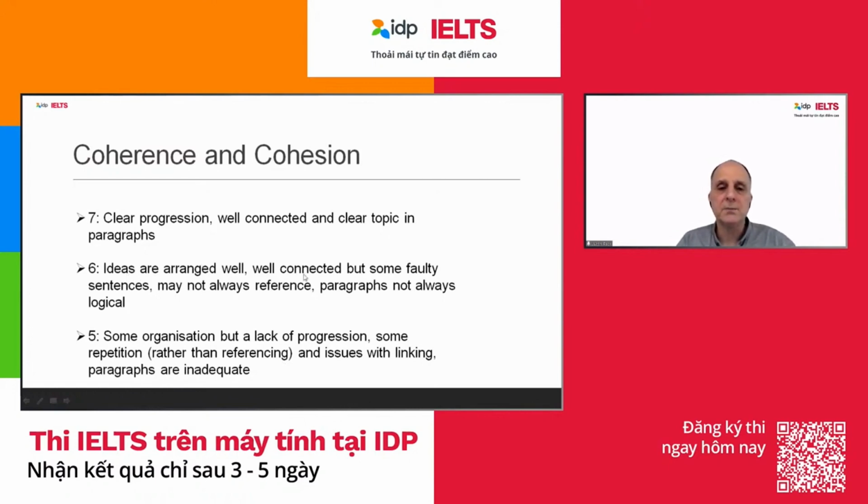Once again, when we talk about organization, make sure that paragraphs are clear and separated as well. One thing I also say: if you're not very confident at writing, then use a topic sentence. That will help the examiner identify the main idea.